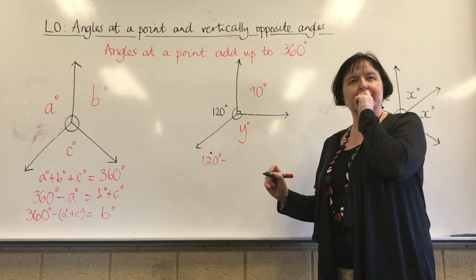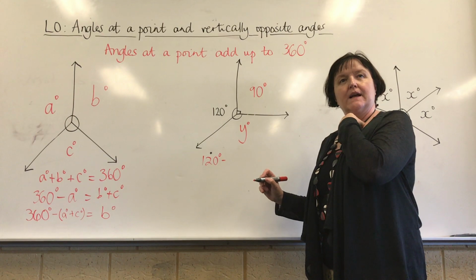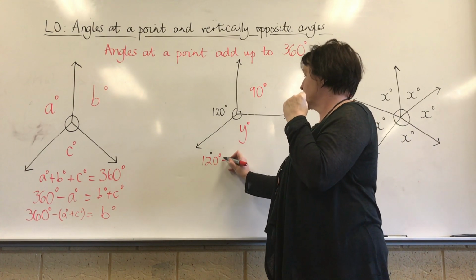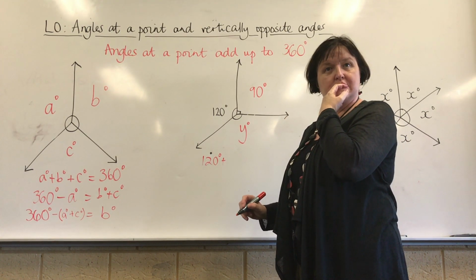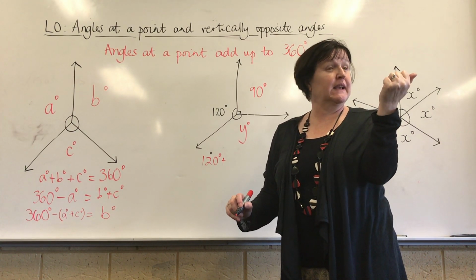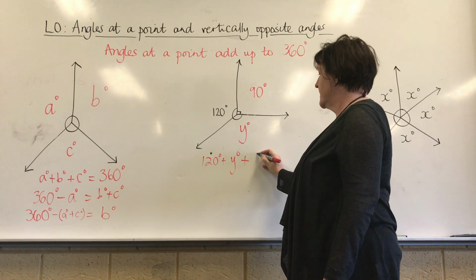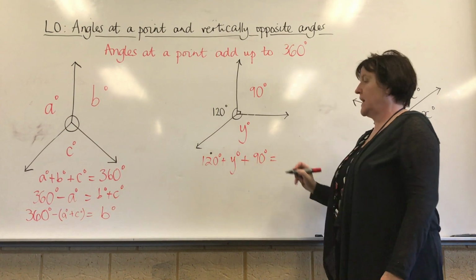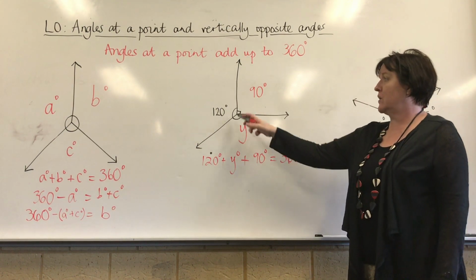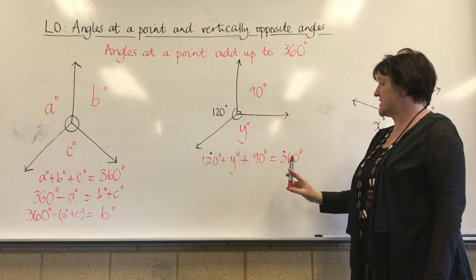Can you do me one where you add them all first? 120 plus Y plus 90 equals 360, that's right. Because we know that that angle and that angle and that angle all make the revolution. So 120 plus Y plus 90 is 360.